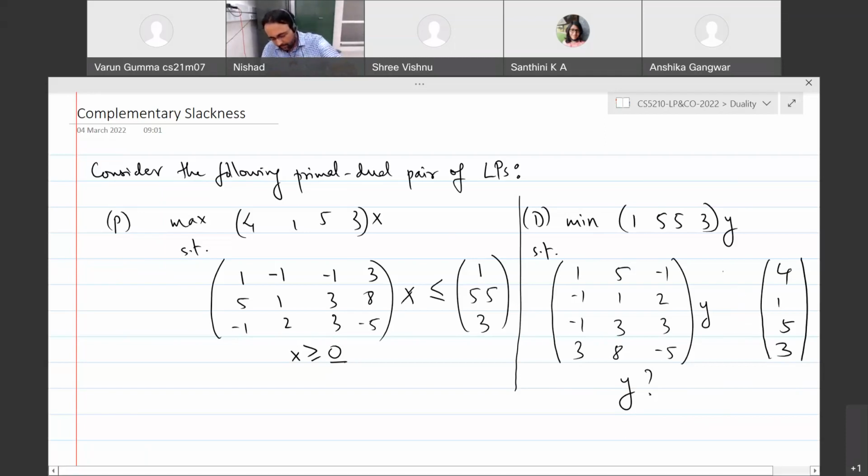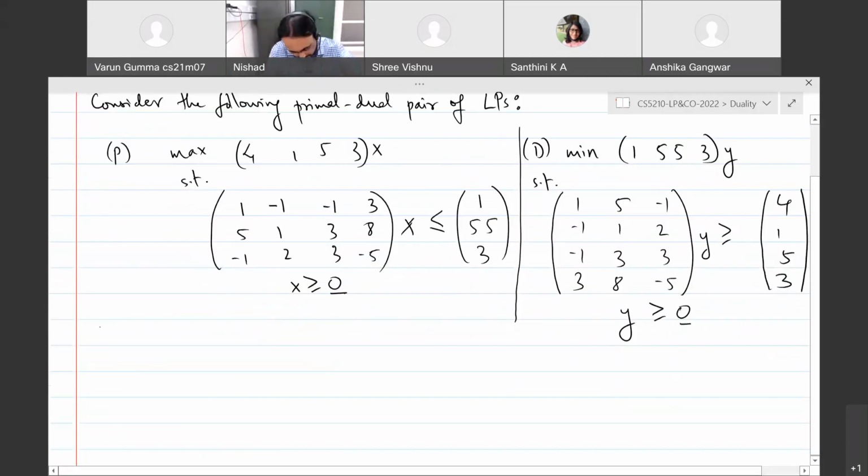Both of them, right? Both of them should be greater than or equal to. Because notice that on the left hand side, both of them are natural. The constraints are also natural and the variables are non-negative, which means natural. And so on the right hand side, in the dual, you will also have everything natural, right? All right, so that's correct.